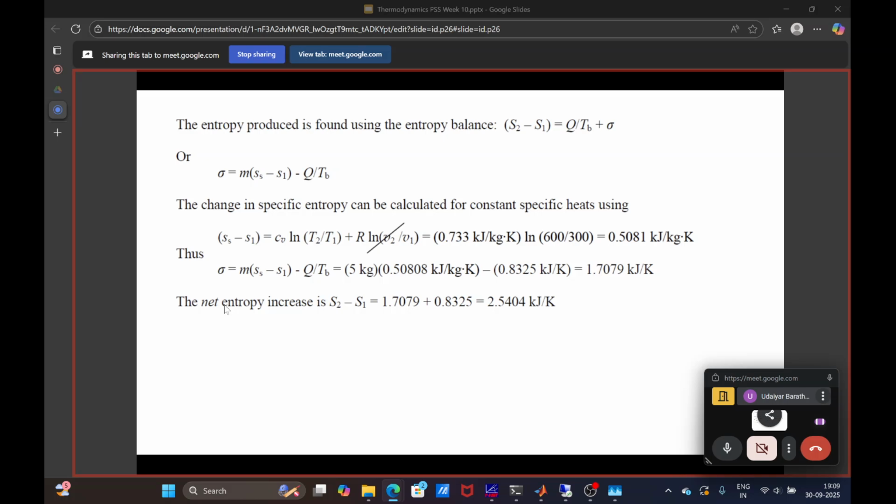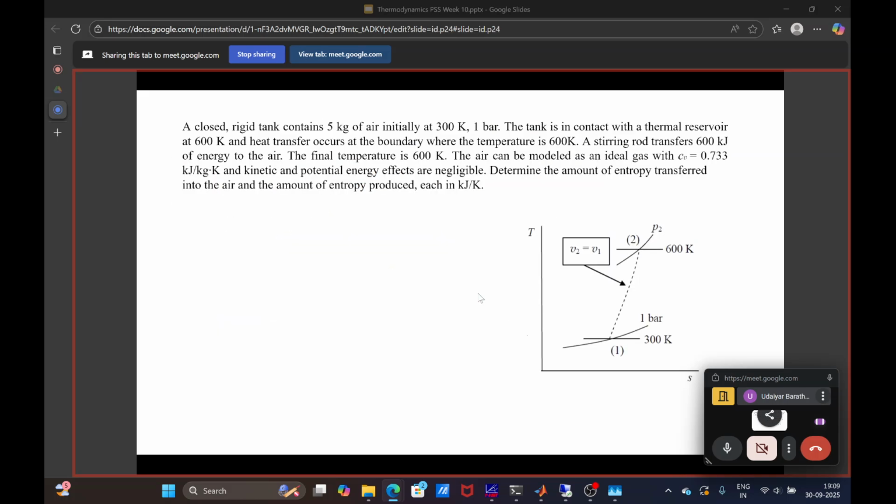So the net entropy increase in the system is S2 minus S1, which is 1.7079 plus 0.8325, or 5 times 0.5081. Mass is 5, so 5 into 0.5081 gives you the entropy increase to be 2.5404.